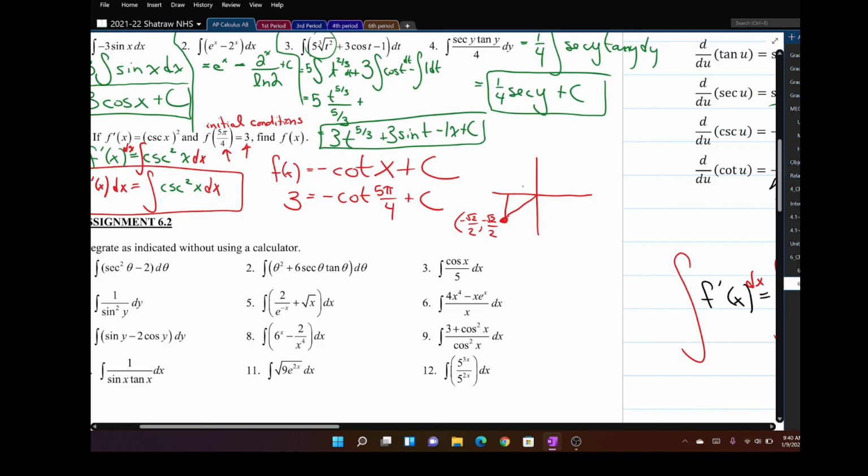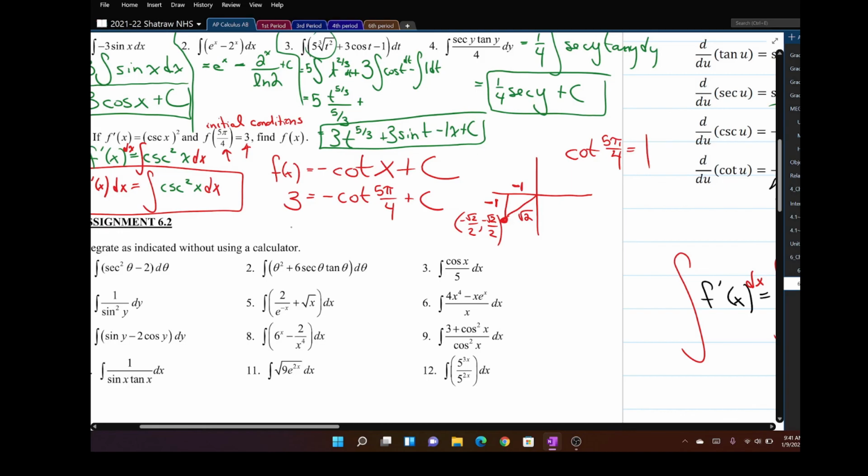My distance is that this is 1 and that distance is 1, and therefore I should have a square root of 2 as my length of the hypotenuse, which is how we ended up getting that. This number was negative and that number was negative. Therefore, cotangent of 5 pi over 4 can easily be memorized as being, ready, equal to 1.